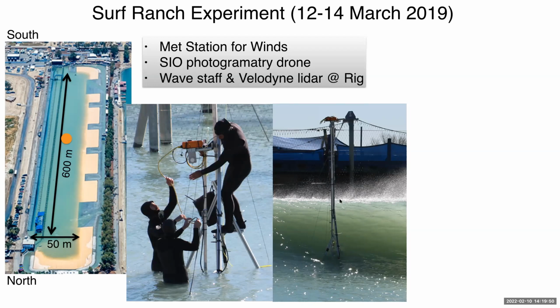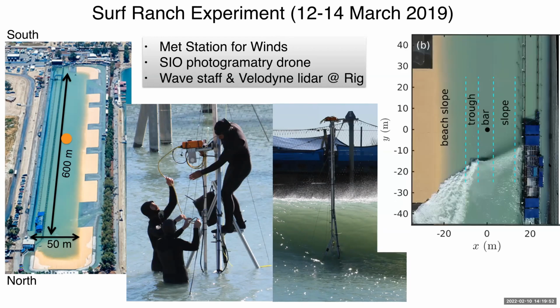And waves are generated at the Surf Ranch by this thing here called the vehicle that gets pulled on some tracks up and down the tank, and it generates essentially a bow wave that propagates obliquely incident up a slope, and then it reaches a constant water depth bar where the waves break, and then a trough, and then there's another slope onto a beach.